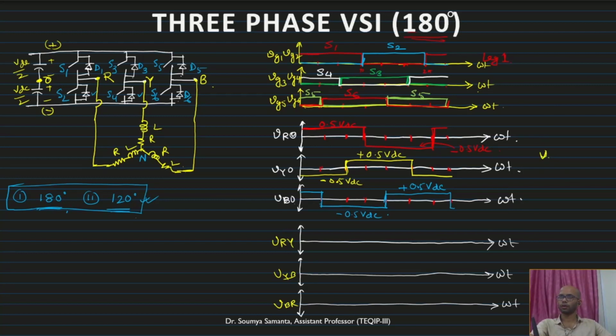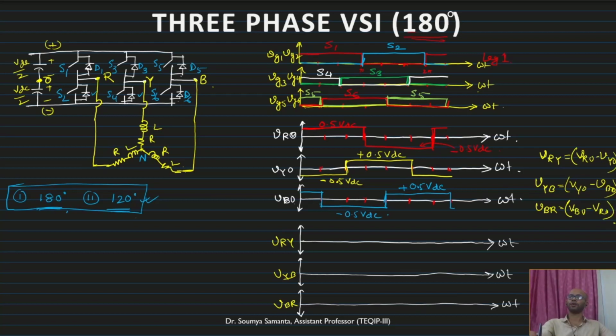VRY equals VRO minus VYO. Same for the others. VYB equals VYO minus VBO. And similarly, VBR equals VBO minus VRO. That's all. So using these expressions, we can find out the phase voltages.